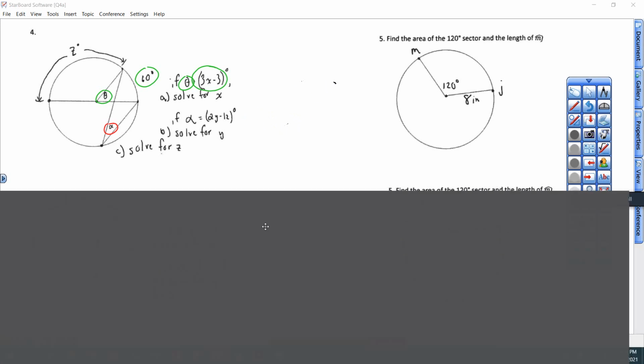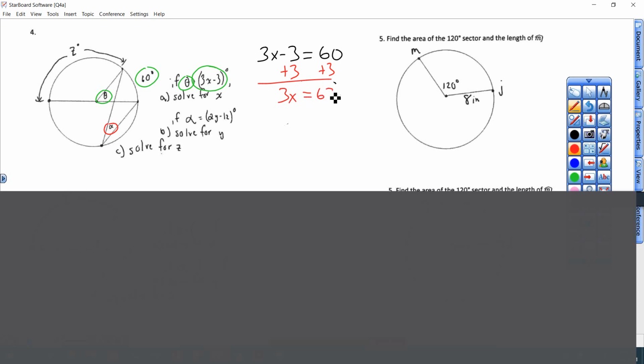So if you know that the angle theta in the middle is 60, and you know the algebraic piece is 3x minus 3, he has you just do algebra like this. 3x minus 3 equals that 60 degrees. You see that? And then you just solve for x. So adding 3, that gives you 63, and then you divide by 3.